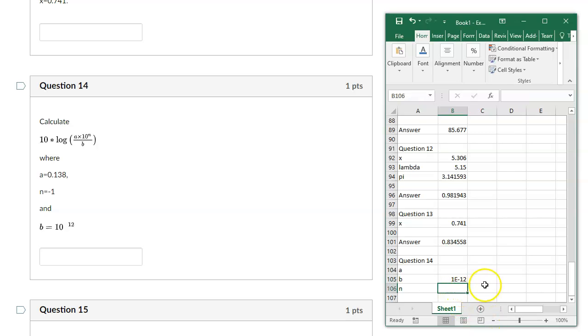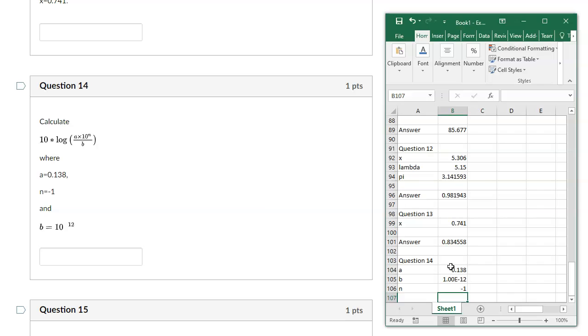That's one way to do it. But the other thing that Excel does, you can see here, it did it right there. You can type 1e minus 12. And the nice thing about Excel is it treats that as a single number, not as parts in any way, shape, or form. N in this case is -1, and then A is 0.138.